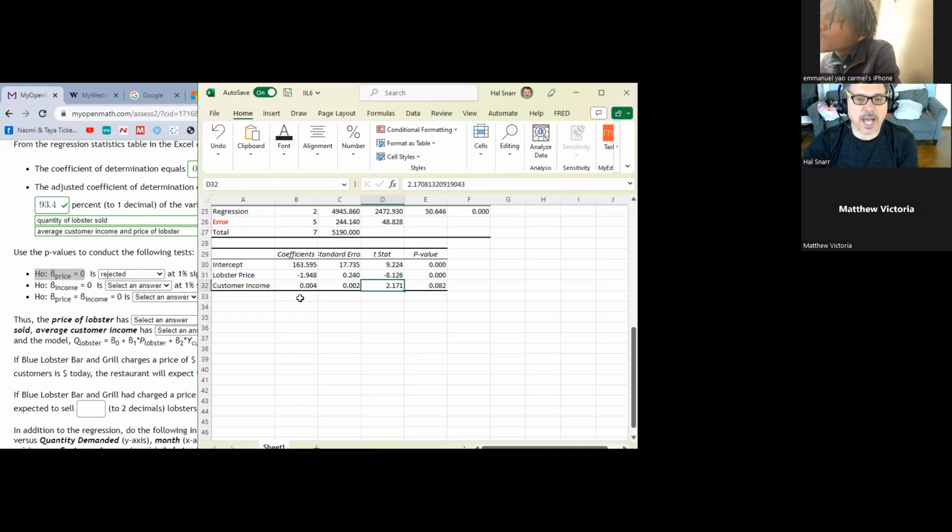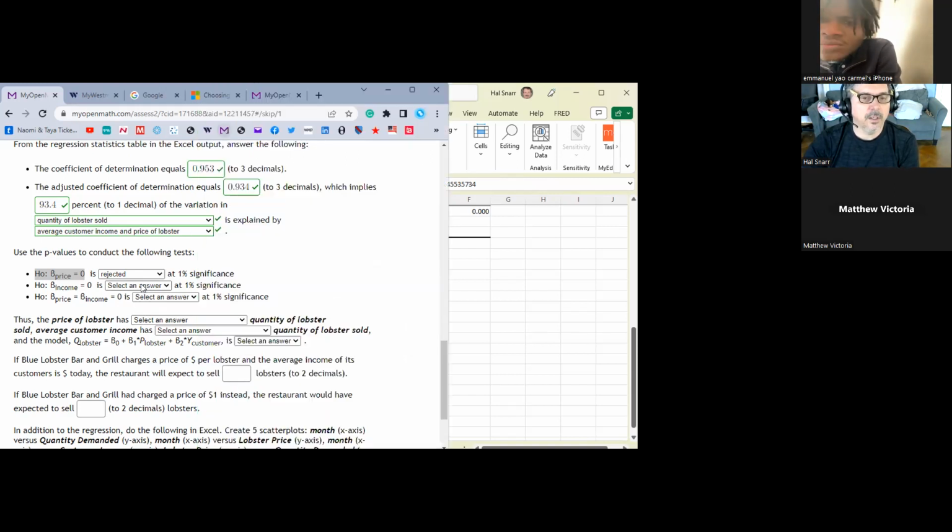So the difference between my customer income coefficient and 0 is insignificant. So I'm going to not reject my income hypothesis.